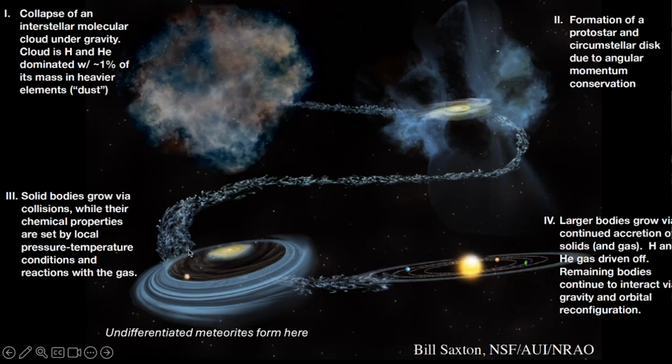This material coalesces in various ways, and various lanes are scooped out by bodies that are forming in these lanes. And we end up with the regular system of our solar system. So that's how we got here in a nutshell, and how the elements that are in our planet got here in a nutshell.